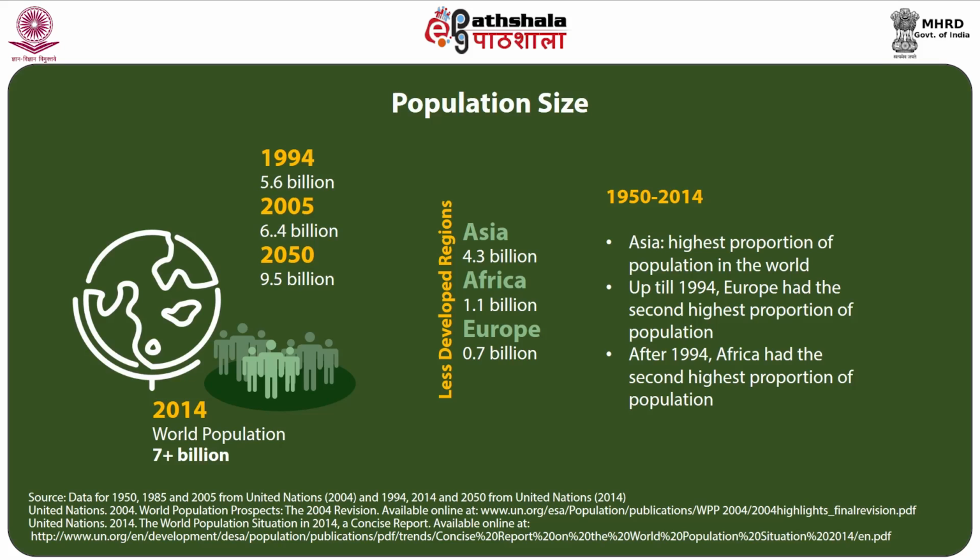If you look at the less developed regions, Asia's share of the total population is as high as 4.3 billion, followed by Africa 1.1 billion and Europe 0.7 billion. It clearly indicates that after 1994, Africa had the second highest proportion of population.